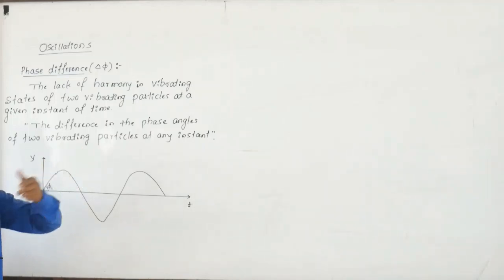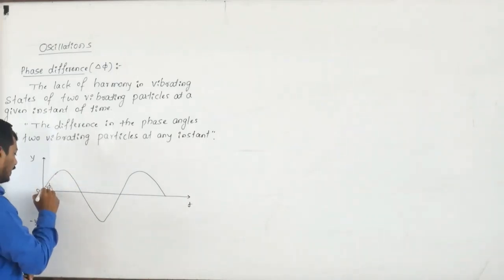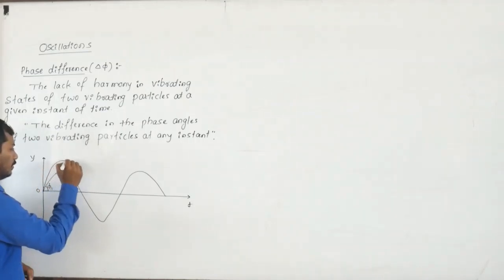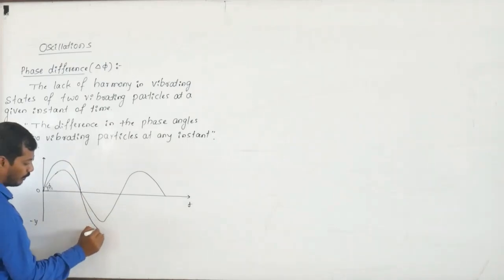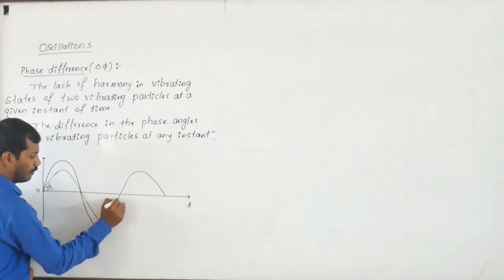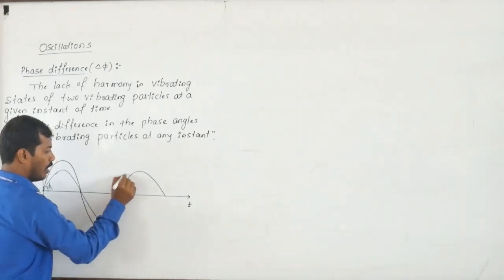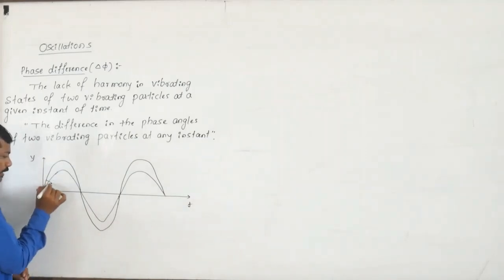And the second particle starts to vibrate from its mean position like this, whose phase angle I call phi 2.